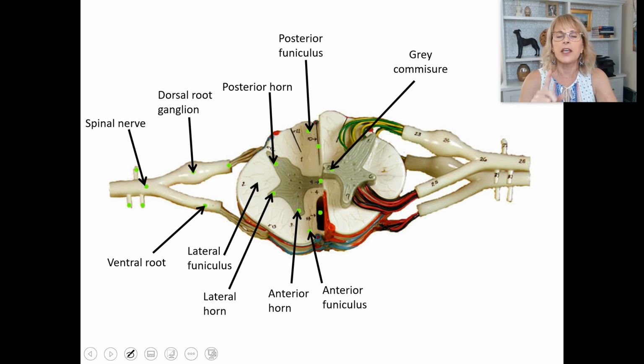The white matter is called columns: posterior column, lateral column, anterior column. And then we have nerves, and the nerves are made up of two different nerve roots, ventral root and dorsal root, and the dorsal root has this bulb area called the dorsal root ganglion.